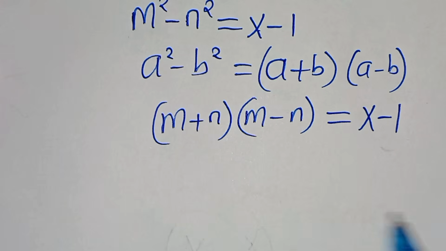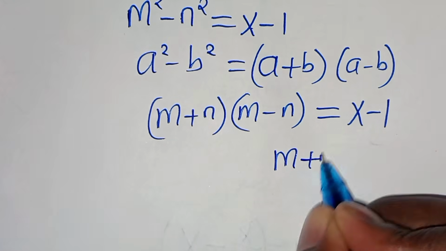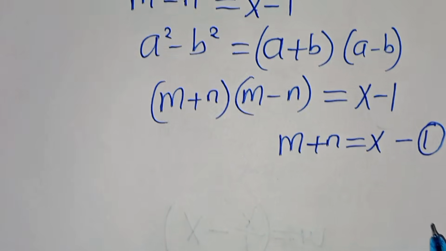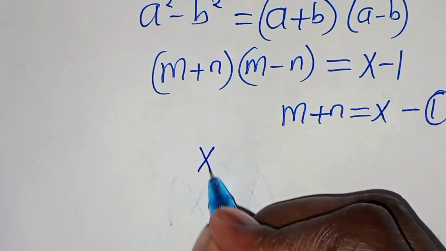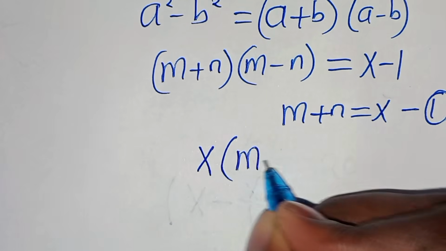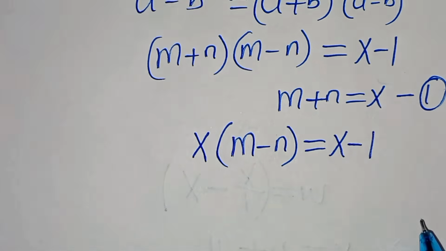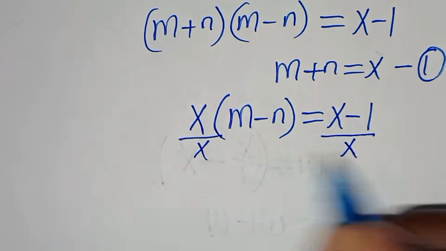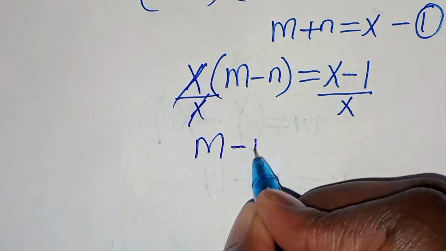Now from equation 1, m plus n is equal to x, so we can substitute m plus n with x. So we have x times m minus n equal to x minus 1. Let's divide both sides by x.